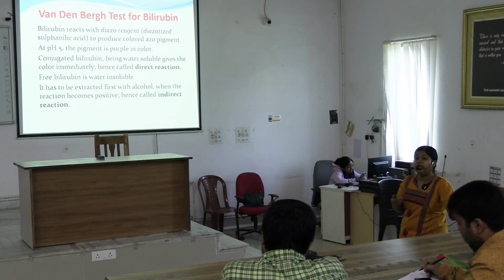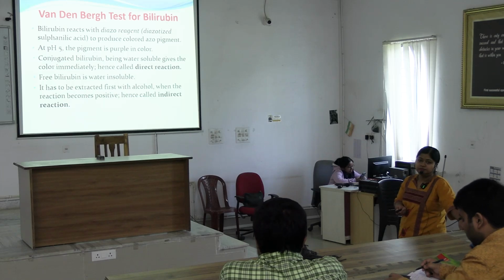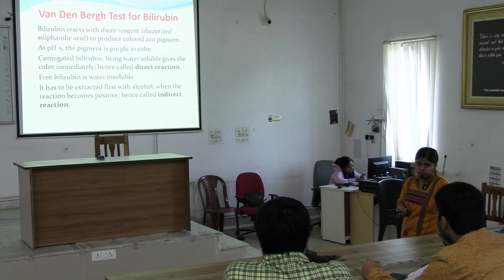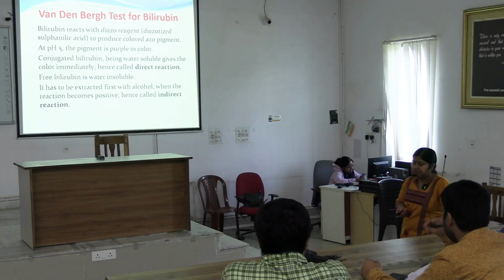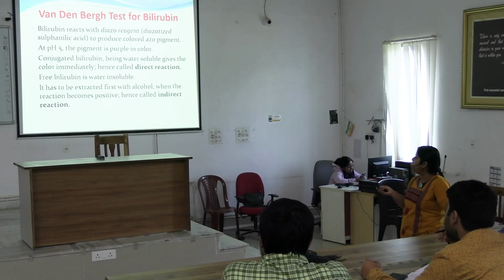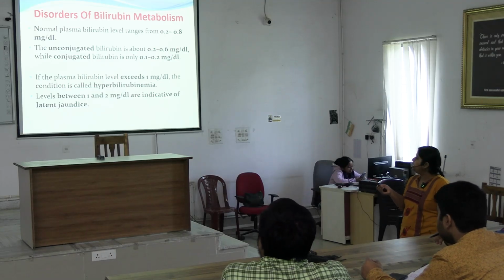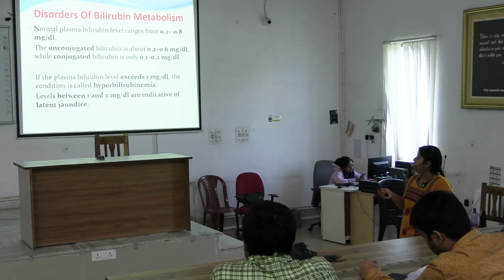So, which should be higher in our blood, conjugated or unconjugated? Unconjugated. Indirect bilirubin, exactly, very good. Unconjugated or indirect bilirubin should be higher in our blood. So, we have to know the normal plasma bilirubin level also.